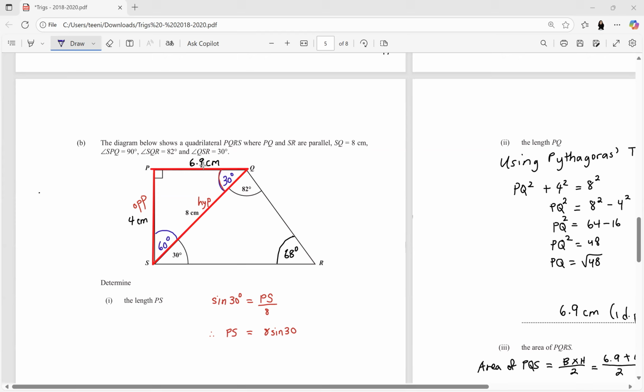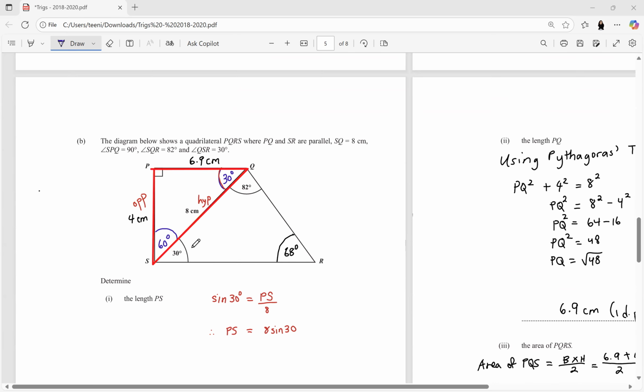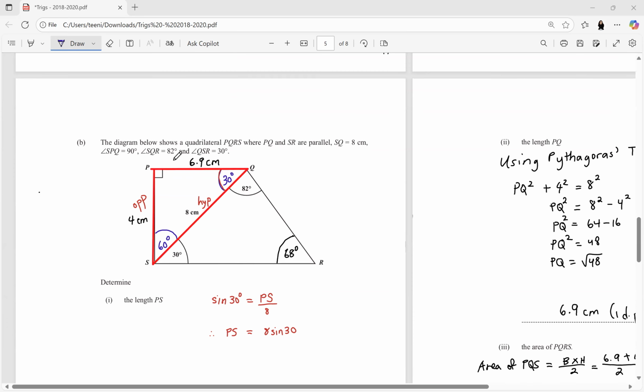Where did I get 4 from again? Actually, the first thing we did was we found what PS was, using SOHCAHTOA, and that was 4 centimeters, right? And then we used Pythagoras' theorem to get PQ.